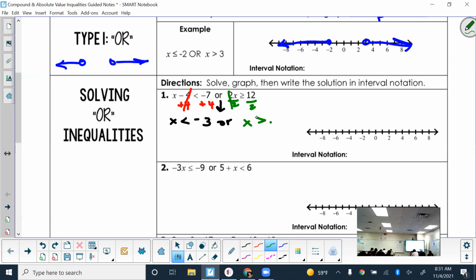When do you flip the sign? When you multiply or divide a negative on each side of the symbol. So we're not doing that, it's positive, so keep going. What's 12 divided by 2? 6. All right, and once you've solved for x in both and carried down that word, the or, then you box that up.